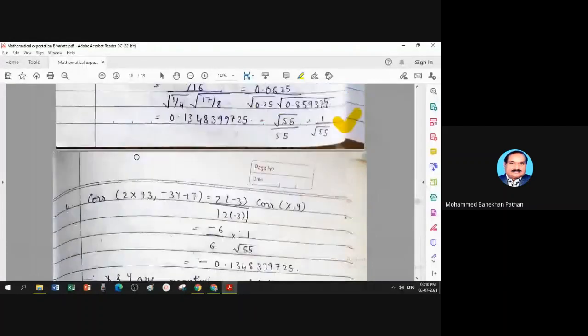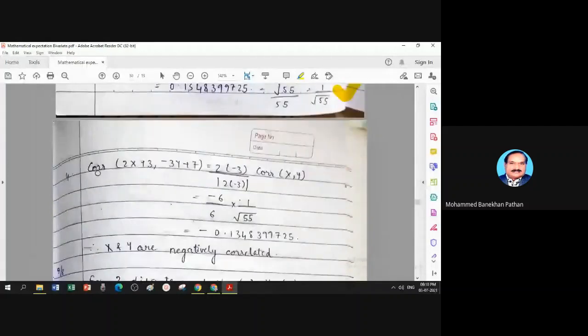The last bit, correlation of 2x plus 3 and minus 3y plus 7. I will apply the property. This is the multiplying factor 2, this is the multiplying factor minus 3. So the property says AC divided by the absolute value of AC, into the correlation of XY.